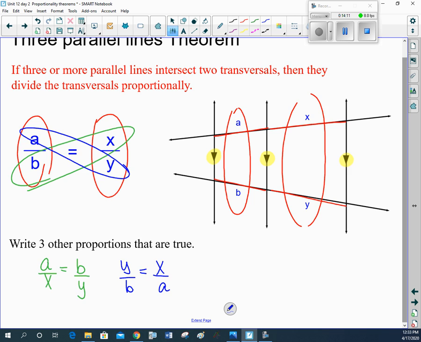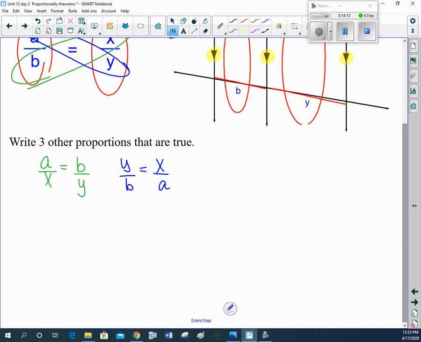Yeah. Remember what I said, that if you multiply the diagonals, they should be equal. Look at the one on the left: A times Y is AY, equals B times X, which is BX. Do we get the same thing over here when we multiply the diagonals? A times Y equals B times X. Yes.